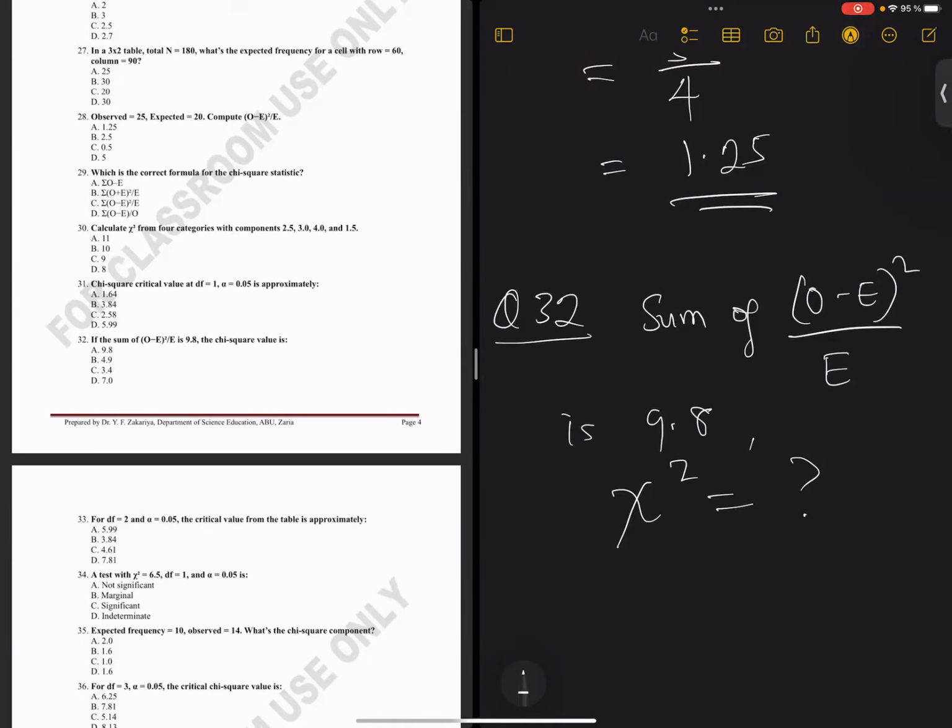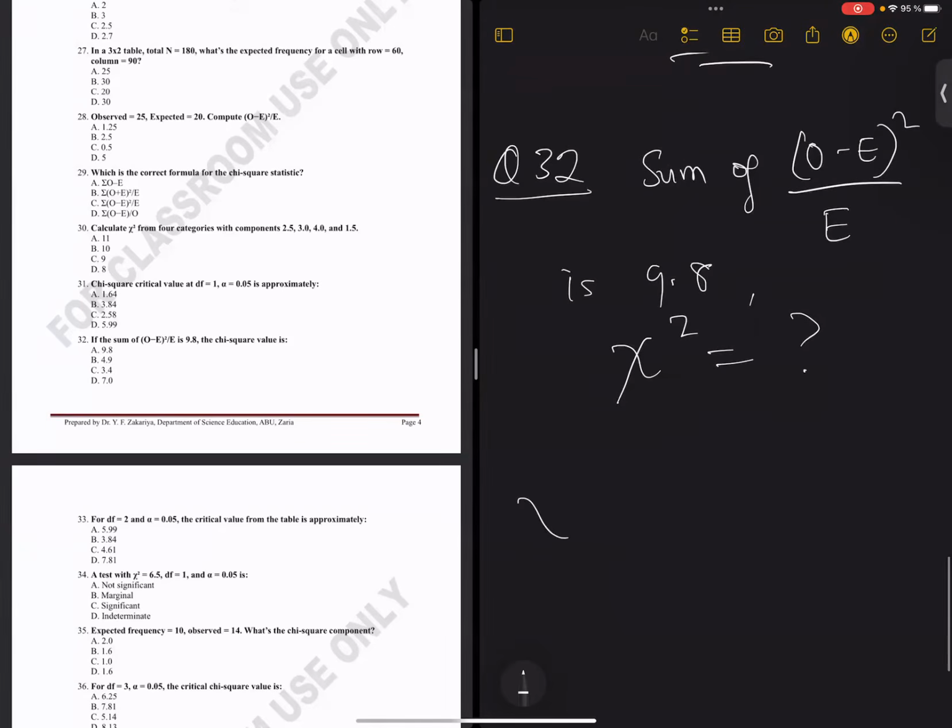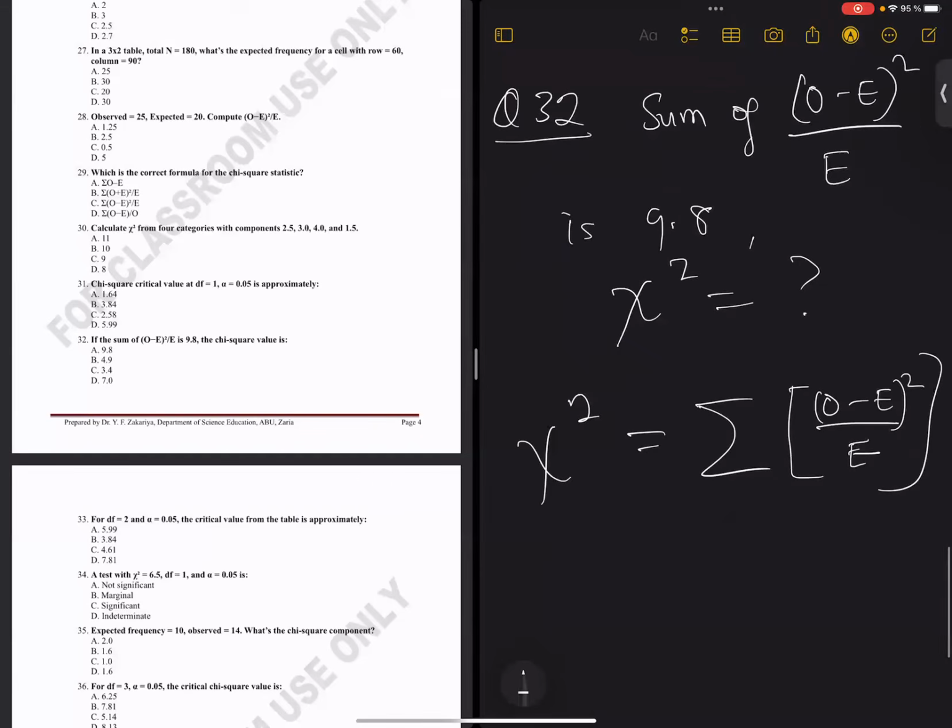Yes, sir. The reason is the formula for chi-square is observed value minus expected value, squared, all over expected value. That is the formula. I'm just writing the formula on the board. This sigma means sum of, and the quantity is given like this.